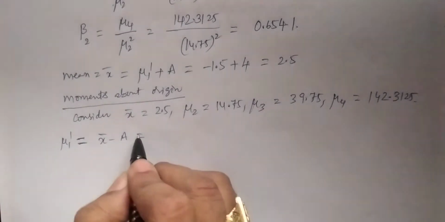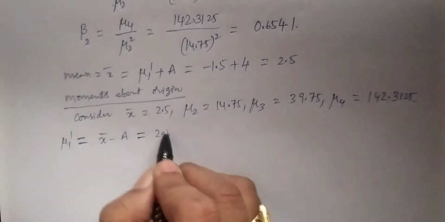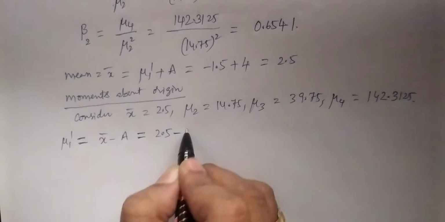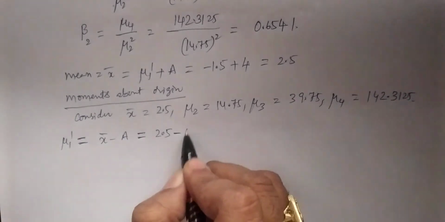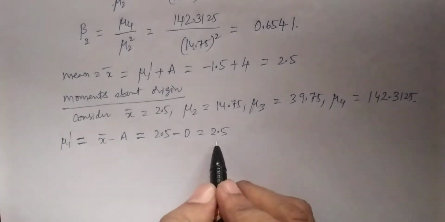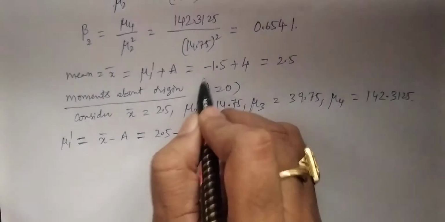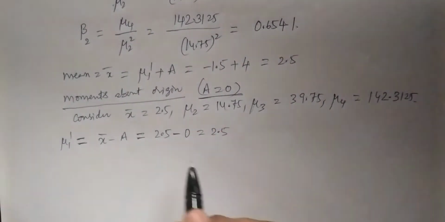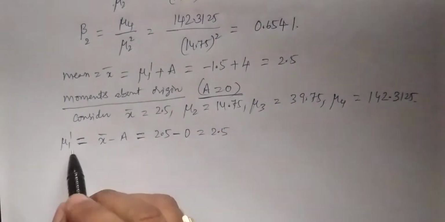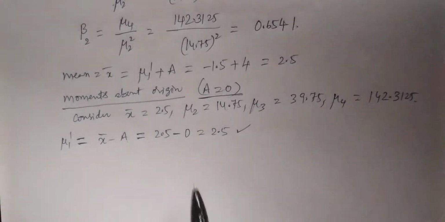Here x bar is 2.5 minus the origin. A is equal to 0, the origin is 0. So therefore it is 2.5. Moments about origin means A is equal to 0. That is what you have to write clearly. So A is equal to 0 and the value of mu1 dash is equal to 2.5. First one calculated.